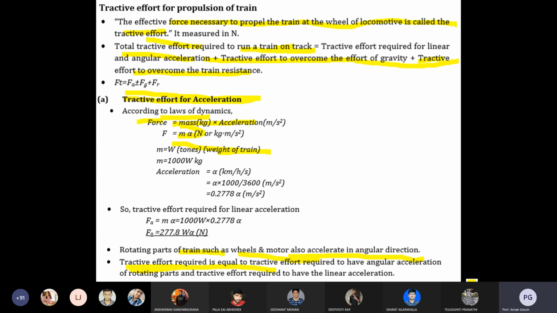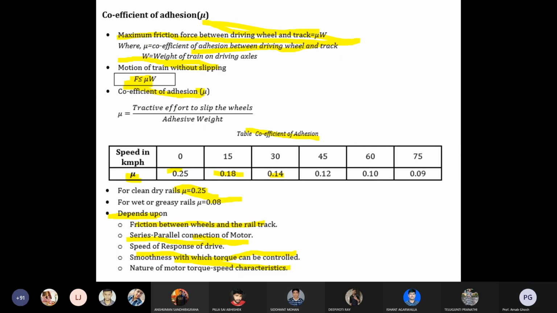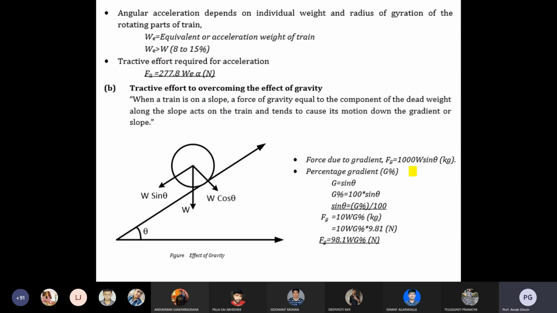These are very important points: angular accelerations, and the tractive effort for propulsion of the train. What is the angular acceleration? Angular acceleration depends on the individual weight and others.